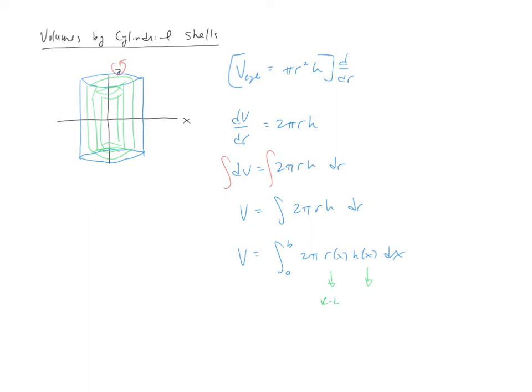And the height, and again, as you can see in the picture, is likely to be the top minus the bottom. So we'll look at a bunch of different examples here, but this formula that I have drawn right here is going to be the setup now for going around a vertical axis. So I'm going to clear the screen, get a couple examples up, and then we'll take a look to see how this works.